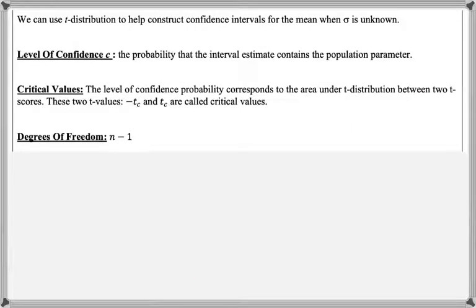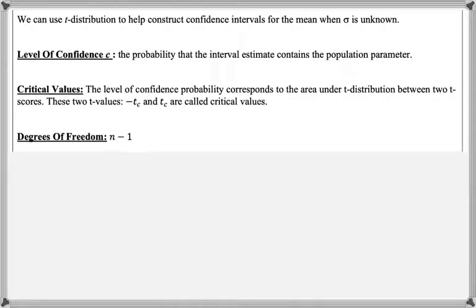We can use the t-distribution to help construct confidence intervals for the mean when the population standard deviation is unknown. The level of confidence c is the probability that the interval estimate contains the population parameter. For the critical values, the level of confidence probability corresponds to the area under the t-distribution between two t-scores.